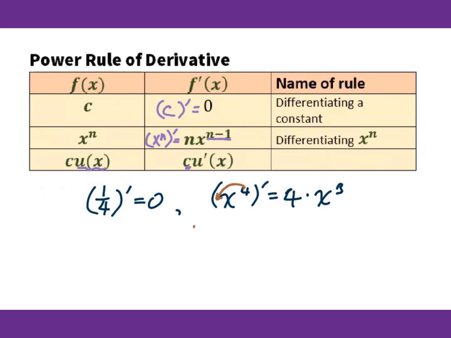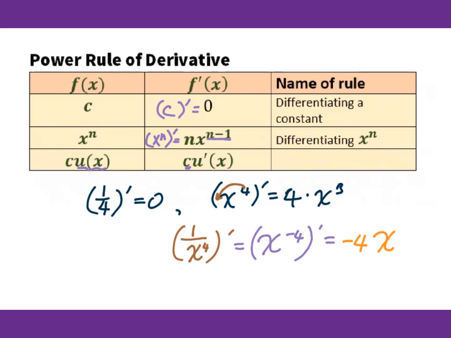Then for 1 over x to the 4th power, we do the derivative. You have to turn it into power form. That is x to the negative 4th power. Then we do the derivative. Negative 4 drops down. You will get negative 4 times x to the negative 4 minus 1, that's minus 5.